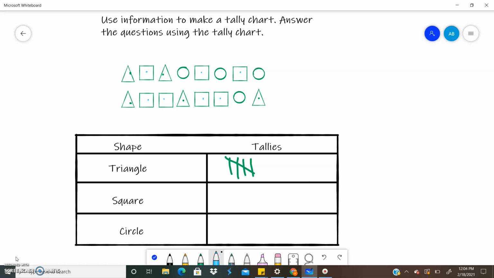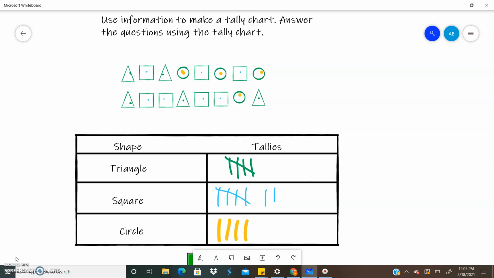So how many tally marks am I going to need for this one? 7. 1, 2, 3, 4, 5, 6, 7. All right, now we're on circle. How many circles do we have? Yeah, 1, 2, 3, 4. We have 4 circles. So we're going to put how many tally marks? 4.